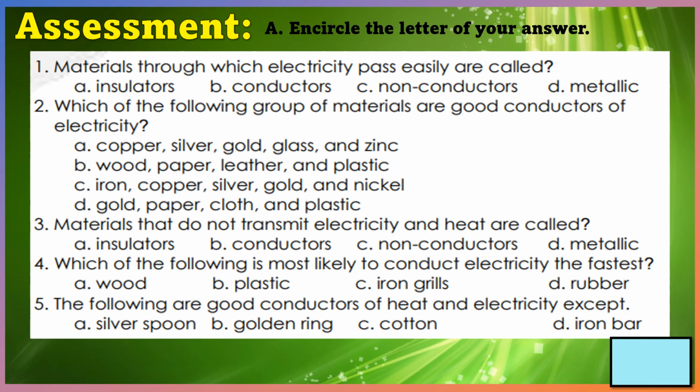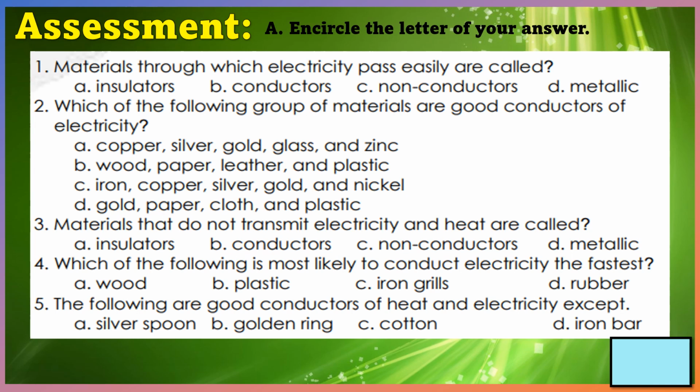Which of the following group of materials are good conductors of electricity? A. Copper, silver, gold, glass, and zinc. B. Wood, paper, leather, and plastic. C. Iron, copper, silver, gold, and nickel. D. Gold, paper, cloth, and plastic.